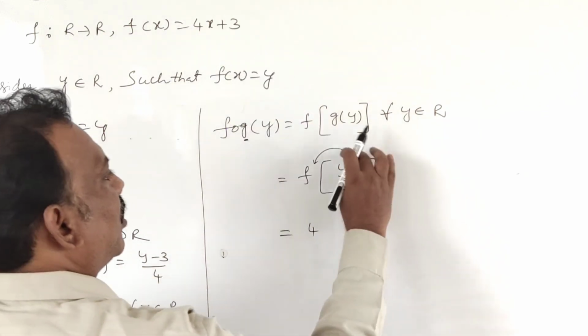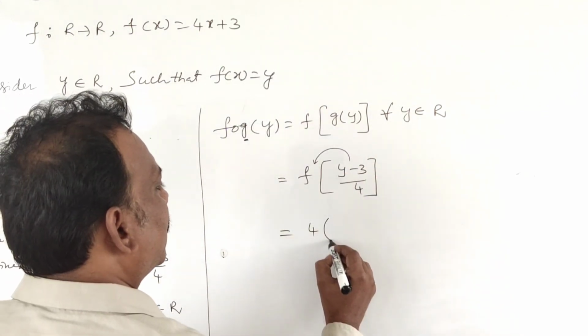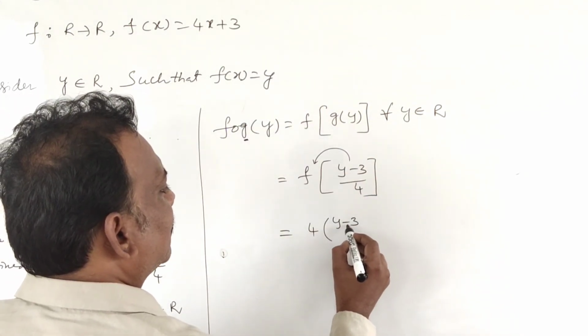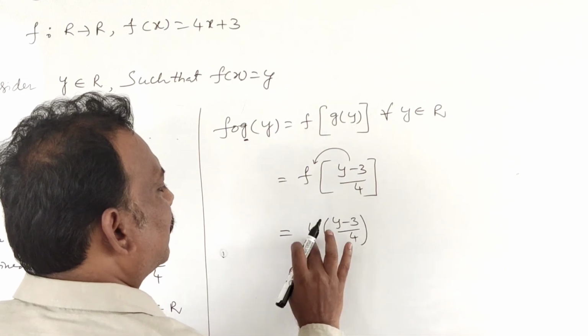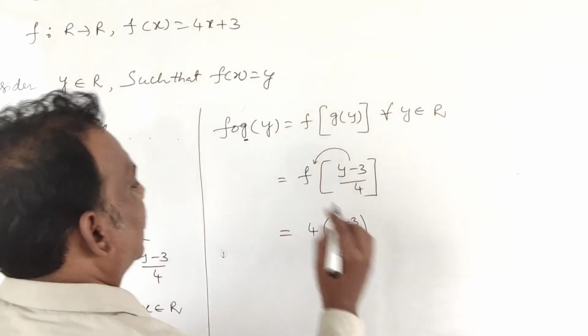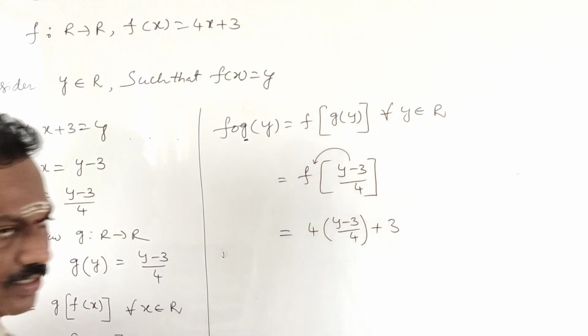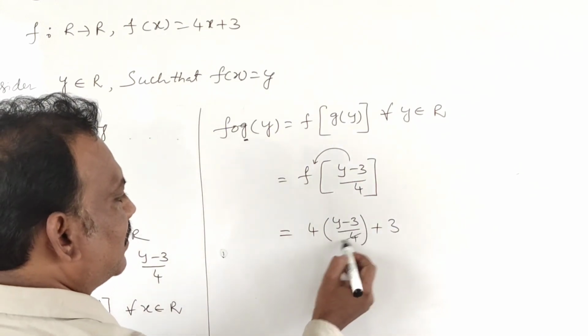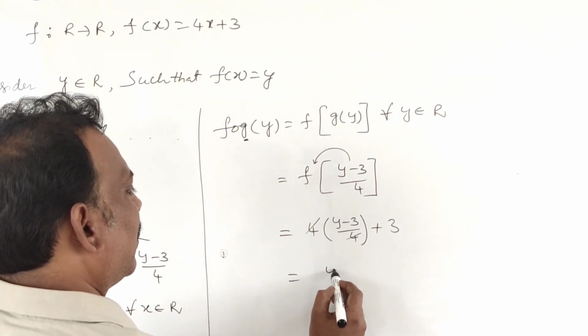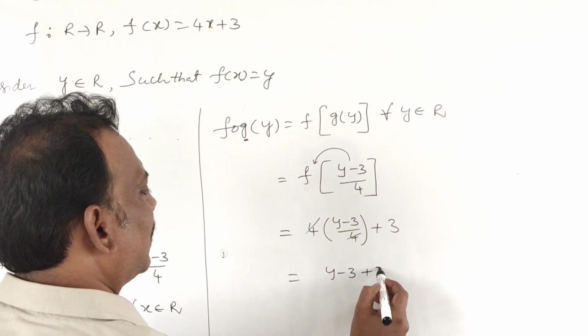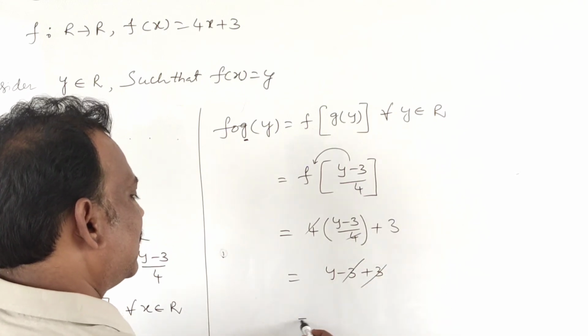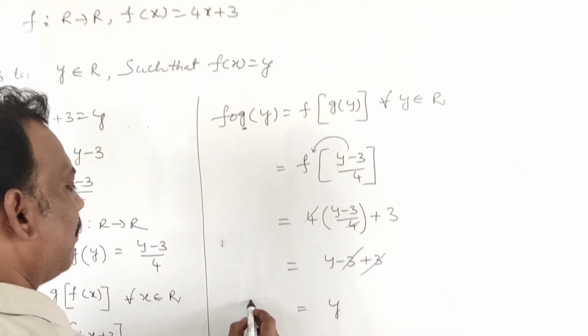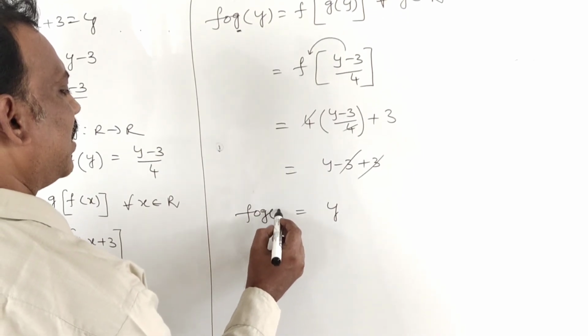In the x place you have to replace this entire value, so put in brackets (y minus 3) by 4. Now it is 4x plus 3. Understood, students? Right. We can cancel this 4 and 4. We have y minus 3 plus 3. Plus 3 and minus 3 get cancelled. y, which is equal to f circle g of y.